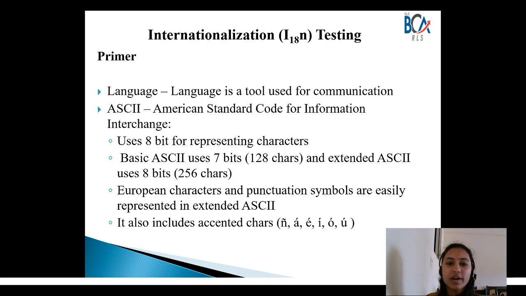So building software for the international market, supporting multiple languages in a cost effective and timely manner, is a matter of using internationalization standards throughout the software development life cycle. It can be from requirements capture through design, development, testing and also maintenance.